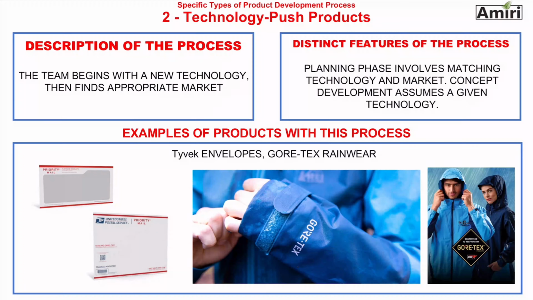A good example is Tyvek envelopes or Gore-Tex rainwear. Both started as advanced materials. The technology already existed for some other applications, but then the company figured out that they can use this technology in different products for different applications.